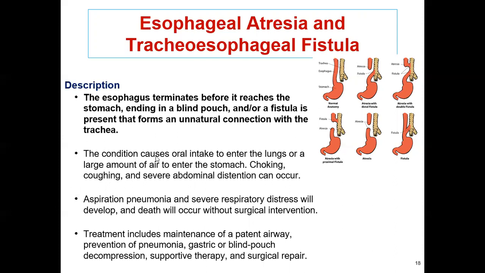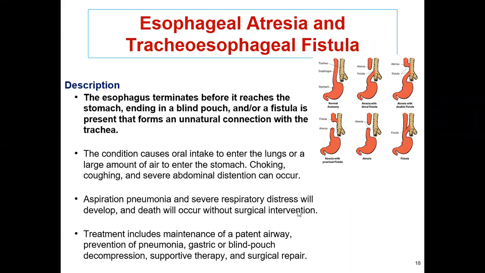And this condition causes oral intake to enter the lungs or a large amount of air to enter the stomach. And choking, coughing, and severe abdominal distension can occur. Aspiration pneumonia and severe respiratory distress will develop, and death will occur without surgical intervention.